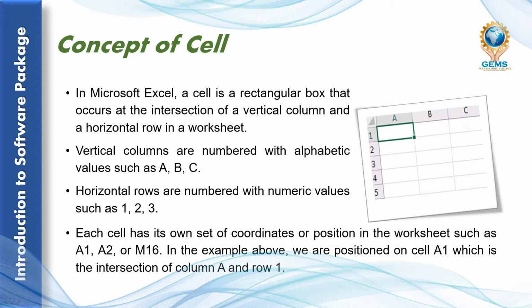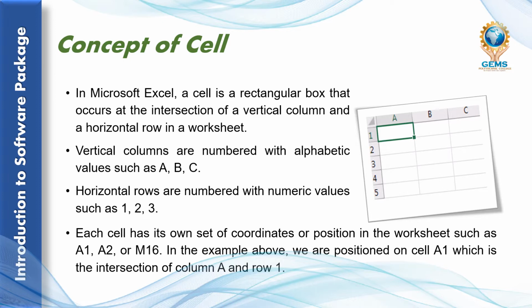Okay. So the vertical columns are labeled with alphabetical values such as A, B, C, and the horizontal rows are numbered with numeric values such as 1, 2, 3.